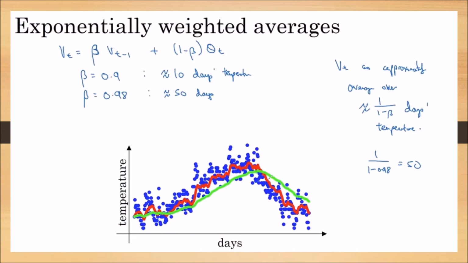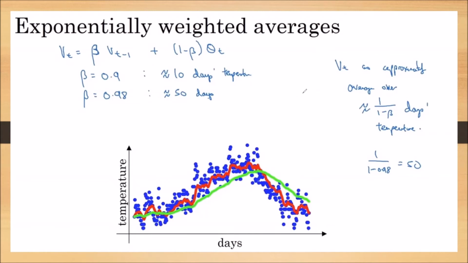You can observe this green color line. This green color graph is representing the temperature changes for every 50 days, the average temperature of 50 days. That's why you are seeing a smoother line. Why is the line smoother? Because for 50 days, the temperature may not vary abruptly.